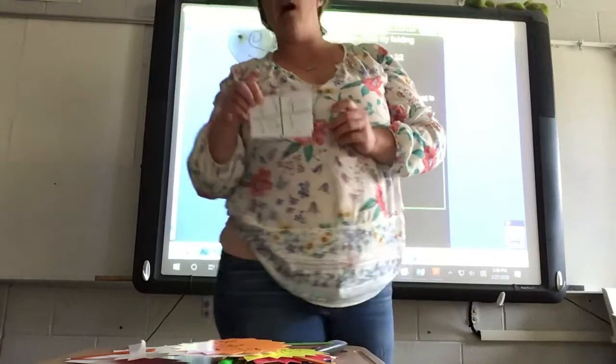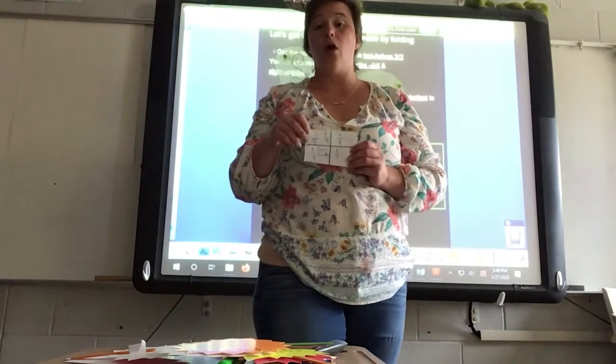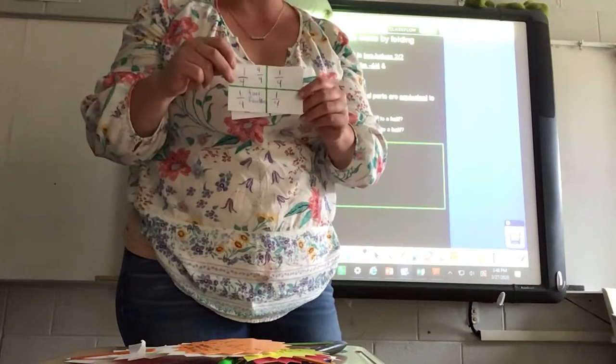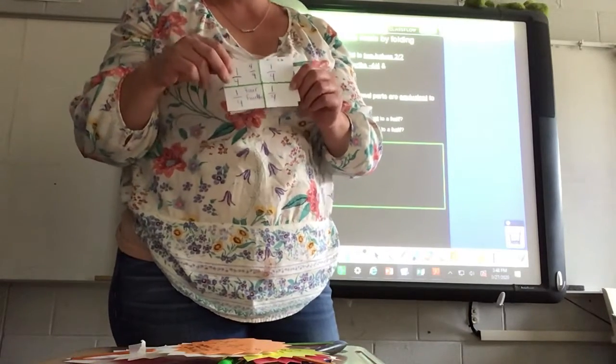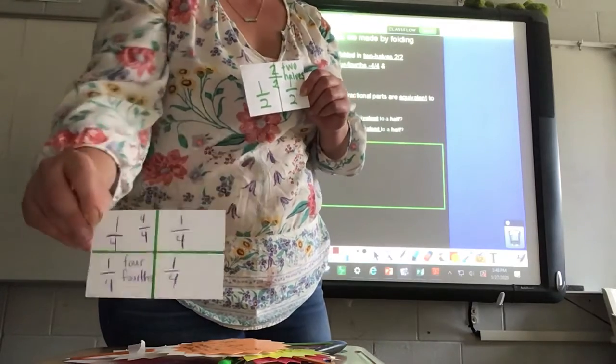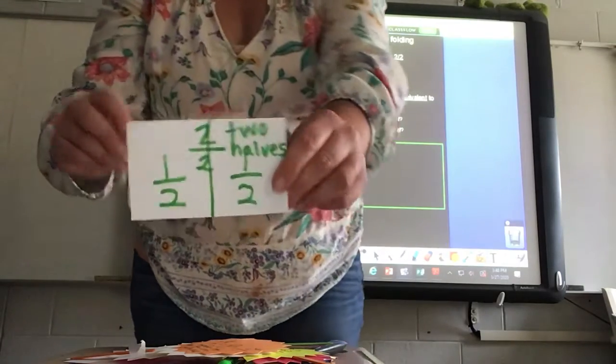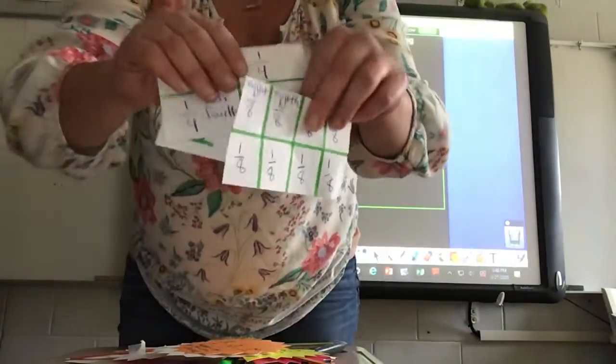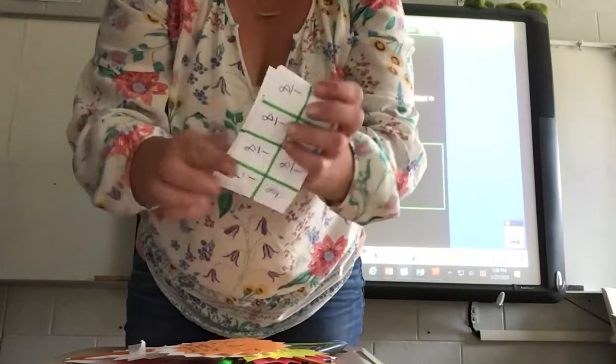Get your things back out and follow along with me, because we're going to be using these today to do the next equivalent fractions lesson. So we know that 4 fourths is equivalent to 1 whole. We talked about 2 halves, 4 fourths, and then we have eighths. So we know that all of these are equal. The parts are smaller in the eighths.